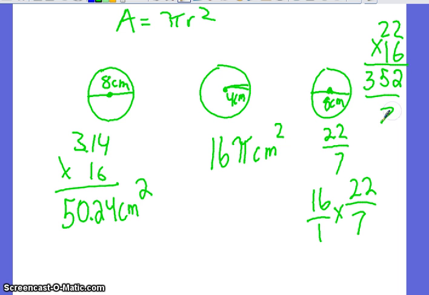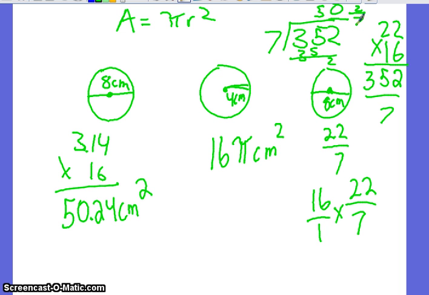Well, we can't leave it that way. It's an improper fraction. So let's make it a mixed number. So divide 352 by 7. All right, 7 goes into 35 5 times, right? So bring the 2 down. It doesn't go in at all, does it? So it's 50 and 2, so your remainder is 2.